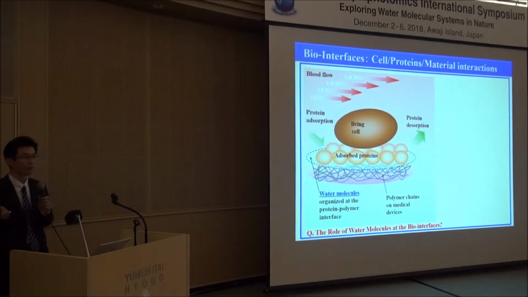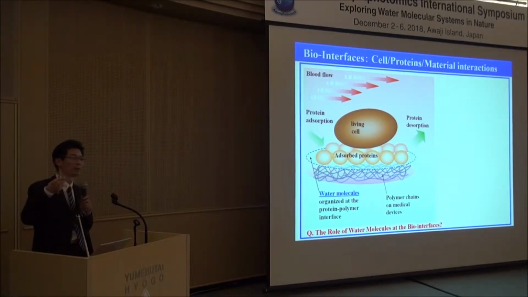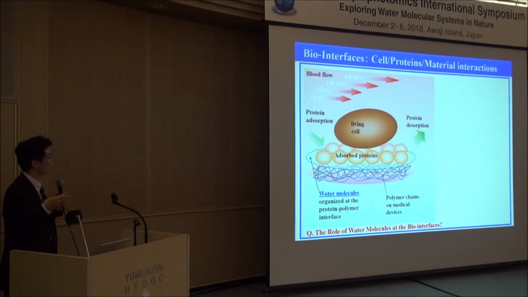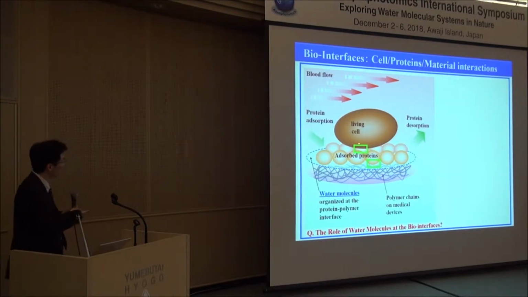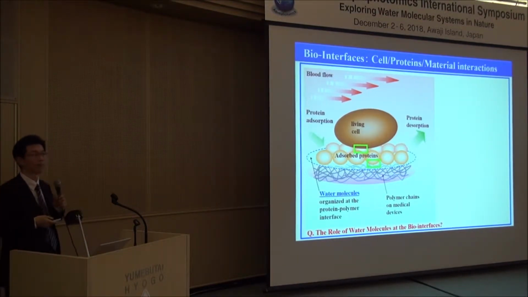If the human blood comes into contact with biomaterials, first of all, protein is adsorbed here, okay, protein adsorption. After that, cell adhesion. Okay, if you look, there are two biointerfaces. First one is the cells and the proteins interface. And the other one is the adsorbed proteins and the polymer interfaces.